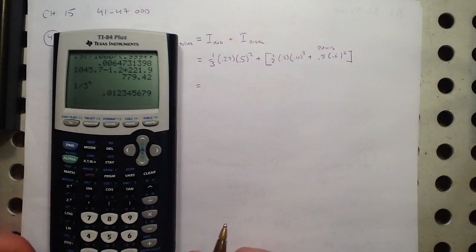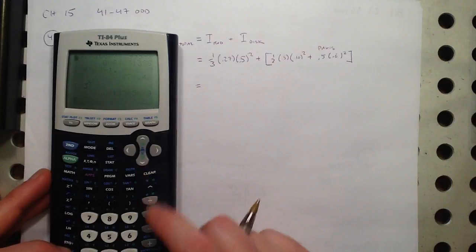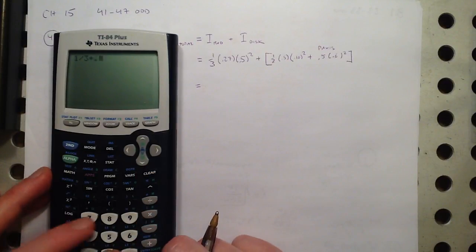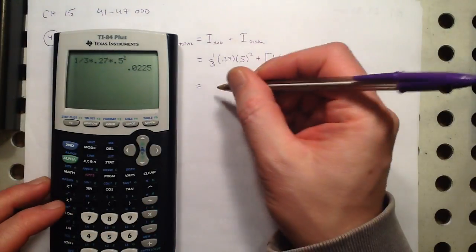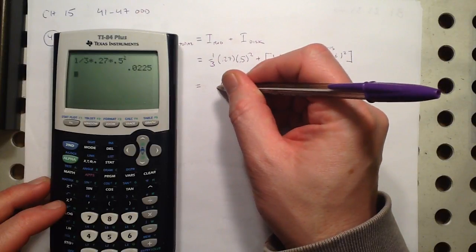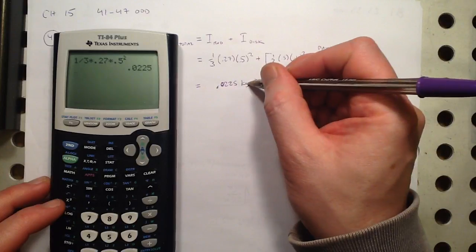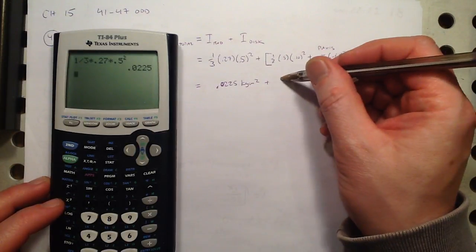I'll do them separately. 1/3 times 0.27 times 0.5 squared, 0.0225. I'm doing them separately because I think it's probably a good idea to see what they are separately so we can see how much they contribute.